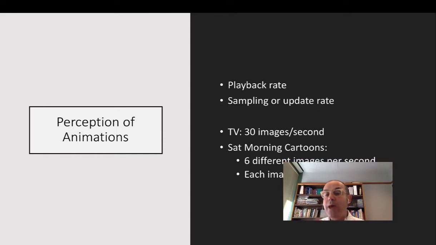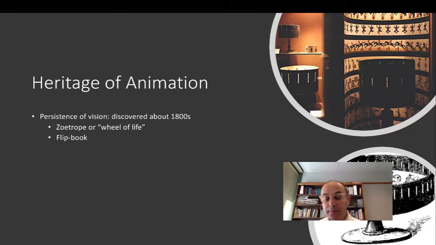Usually when we are talking about TV animation, we are talking about 30 images per second. There are 6 different images per second, and each image is repeated 5 times in order for the animation to create this impact that we think there is something going on in the background that makes this animation.